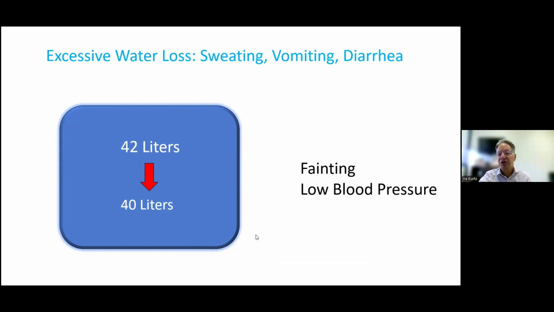The output from the sweating and vomiting and diarrhea exceeded the intake by 2 liters. So that would be a decrease. That's going to result in a decrease in the amount of water in the body. If it's normally 42 liters, it will drop to 40 liters if you were negative 2 liters. It's like you spent too much money from your bank account, and your bank account's going to have less money in it.